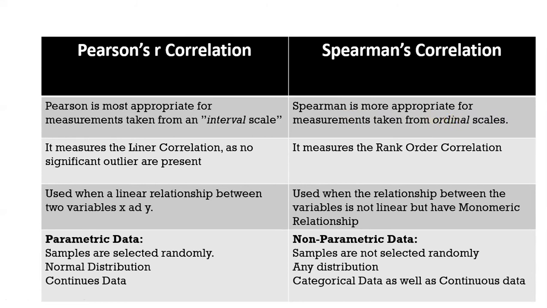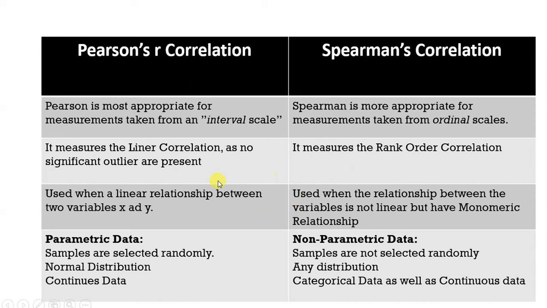In Pearson's correlation, we measure the linear correlation, so there are no significant outliers as the data is linear. Whereas in Spearman's correlation, we measure the rank order correlation because we consider the two extremes, maximum and minimum. All the data will lie between these two extremes.